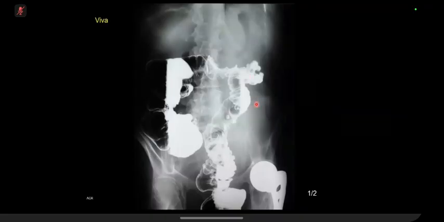This is a double contrast study of the enema of the colon, showing irregular mucosal thickening with loss of normal mucosal pattern and luminal narrowing of the transverse colon, and I could spot a few ulcers in the descending colon, mostly in the form of retained contrast.